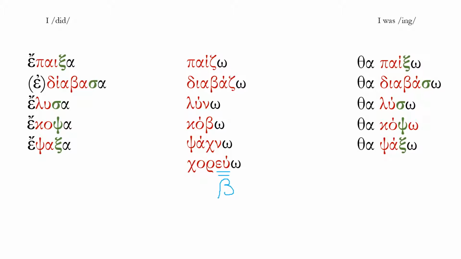The vita is not really there, but the sound is there. So χορεύω, the rule tells us we've got to add some kind of s sound. Well, χορεύσω doesn't really work, but we could use the χορέψω, which is pretty close.